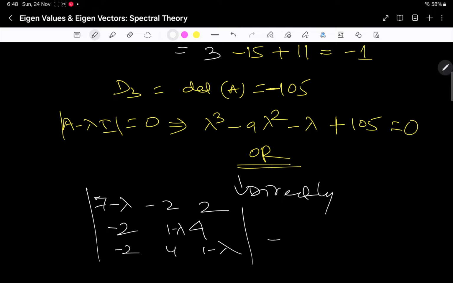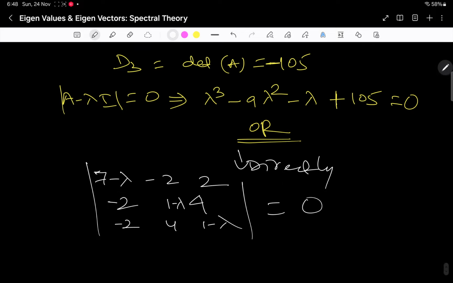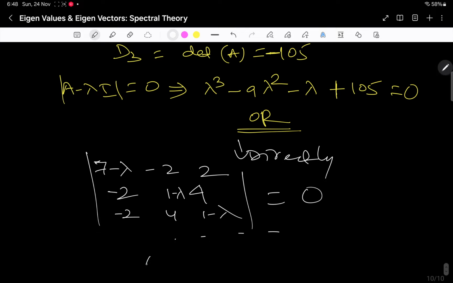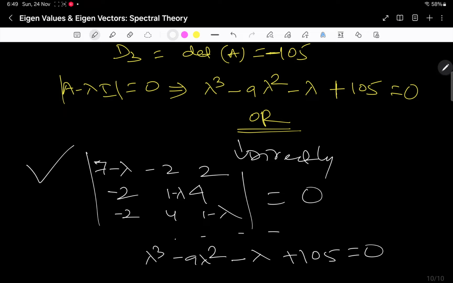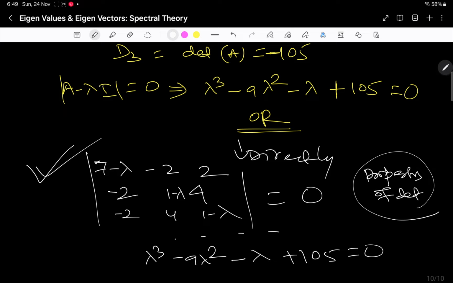Directly you evaluate it and go on simplifying. It will give you lambda cube minus 9 lambda square minus lambda plus 105 equal to 0. So we may move like this, no issue, or we may apply properties of the determinant also. If it is a complicated case, to make it simple, you can apply the properties.